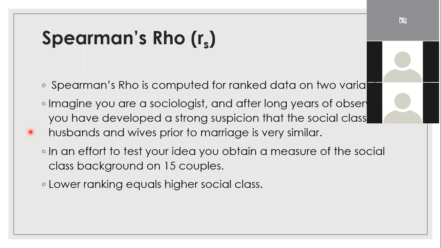So if you're working class, you're likely to marry another working class person. If you're a millionaire, you tend to marry another millionaire. If you're below the poverty line, you tend to marry within that bracket. So the observation of this sociologist is that people tend to marry within their same social class. And so the suspicion is that the social class of husbands and wives prior to marriage is very similar.